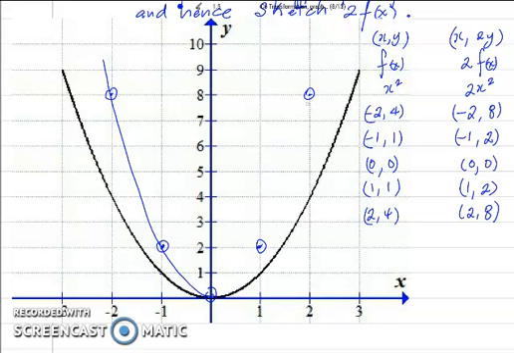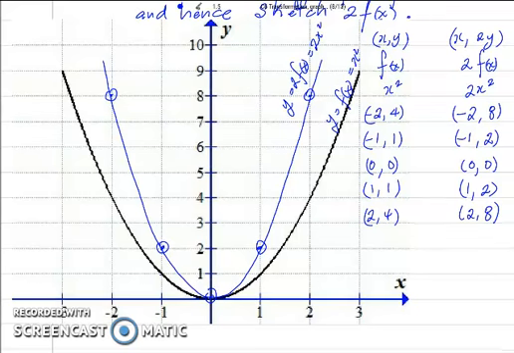So if this is the graph of y = f(x), which is x squared, this is the graph of y = 2 f(x), which is 2 times x squared.